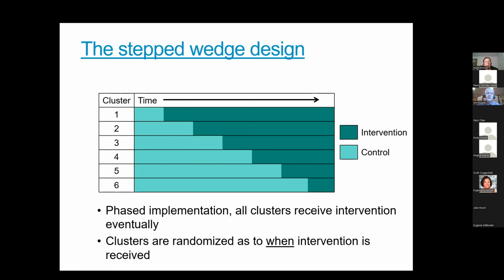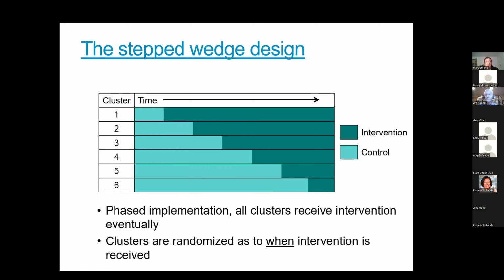So this is better than a pure before-after, because at each time point we have clusters in the intervention and clusters in the control. And so we have that sort of vertical comparison. We also do have before-after comparisons, though we have to be very careful about those to make sure that we're controlling for underlying time trends.